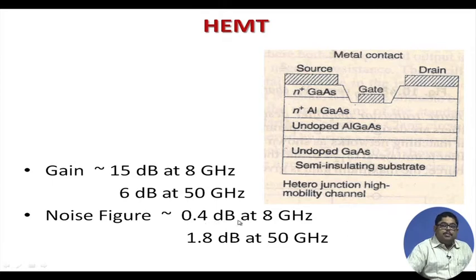So for very low noise applications, HEMT is preferred, and it gives quite a good amount of gain. You see 15 dB of gain at 8-10 gigahertz from a transistor; it was unthinkable 10-15 years ago, but now we have this type of microwave transistors.